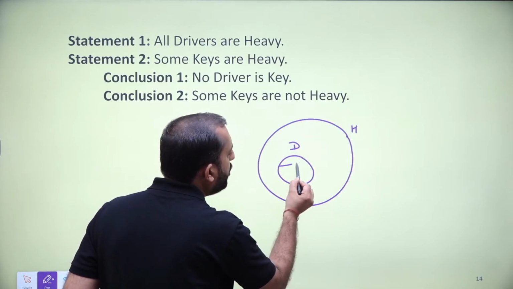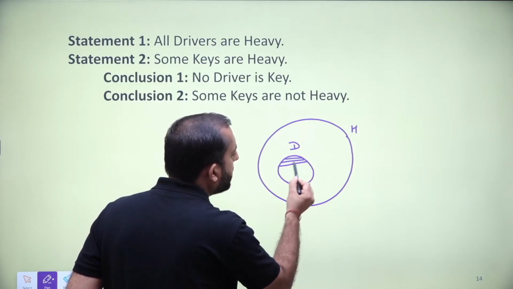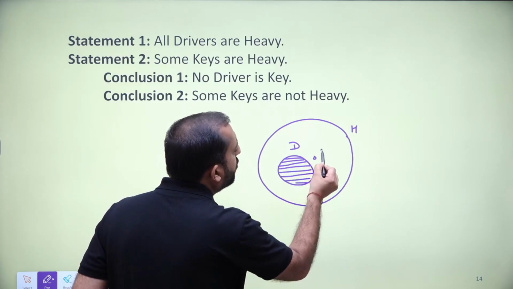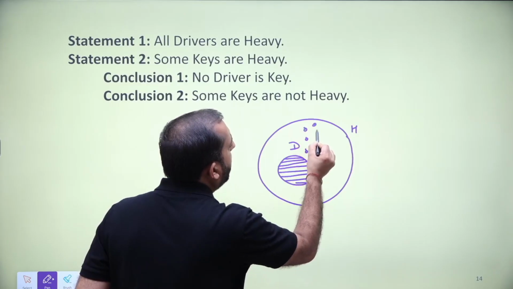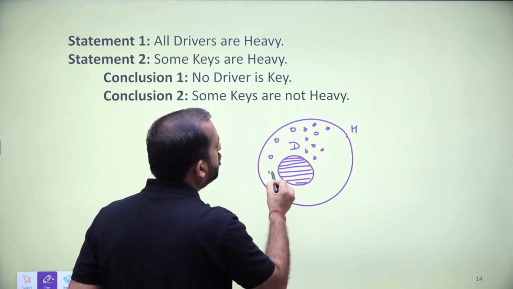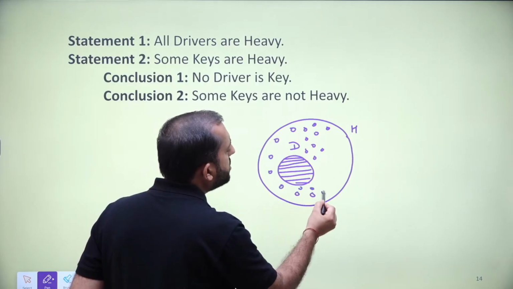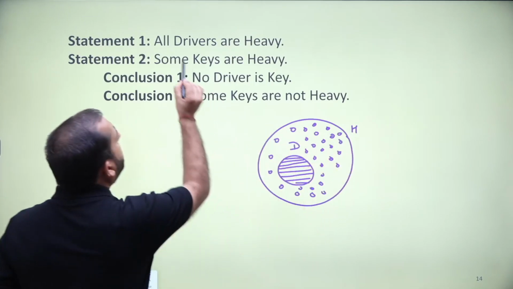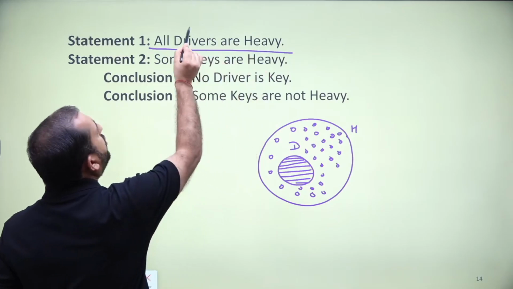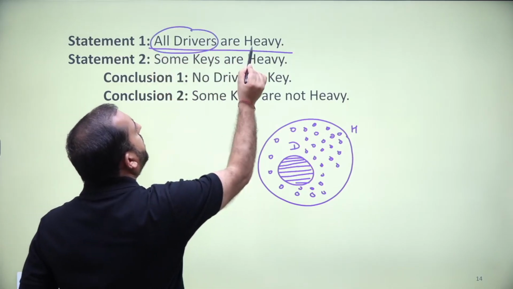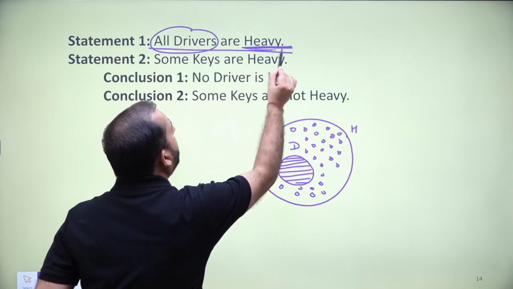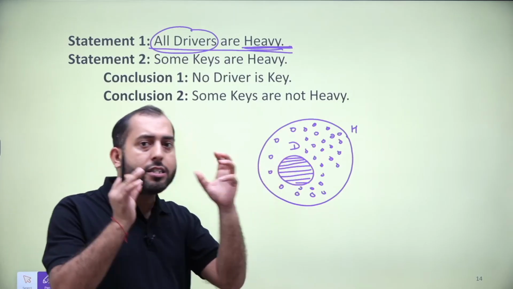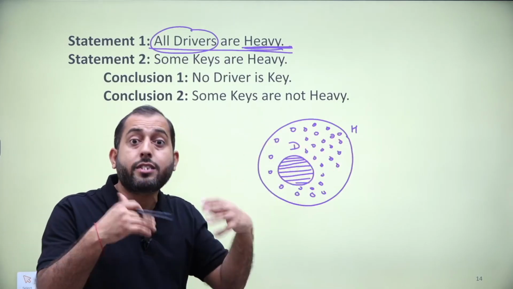Now you need to visualize that this driver circle will be definite, and everything outside this driver should be indefinite, because in statement 1 we do not have any information regarding all the heavies. We know about all the drivers but do not know about all the heavies. So just visualize it that driver is definite and outside driver everything is indefinite.